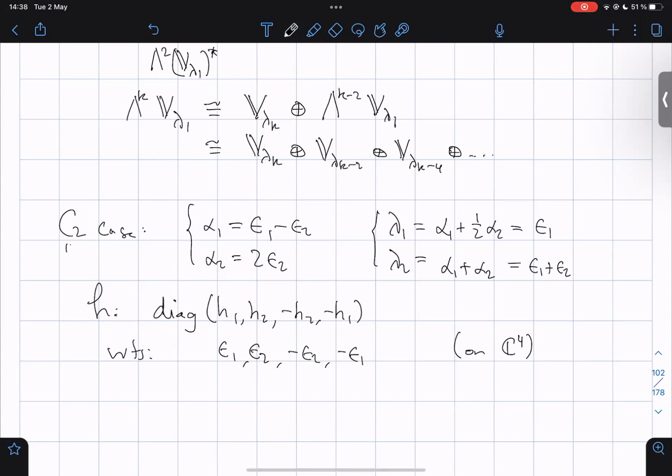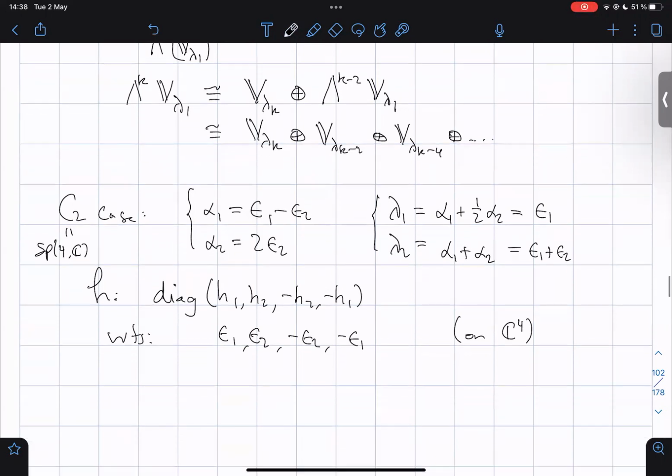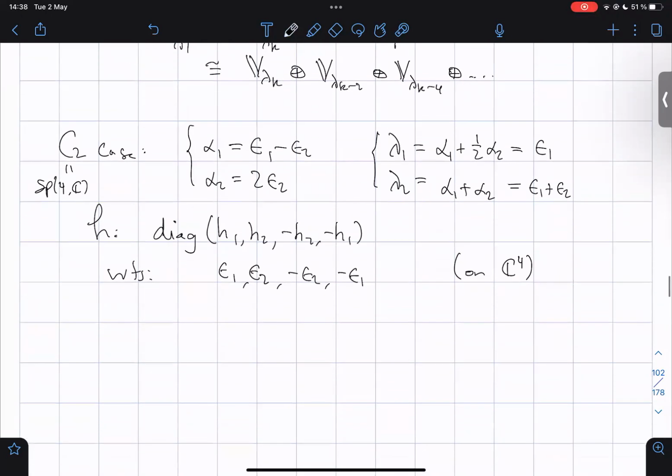So this is C2, which is SP4C. Okay, so this is good enough to establish that this is irreducible. And basically you do it as before, how we established those representations for SL2, that those guys were irreducible. Same argument here. It's not too difficult, so I'm not going to go through it. But out of this, you get that this is the standard representation.